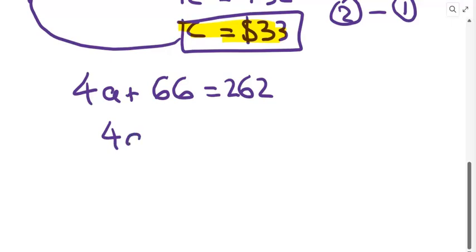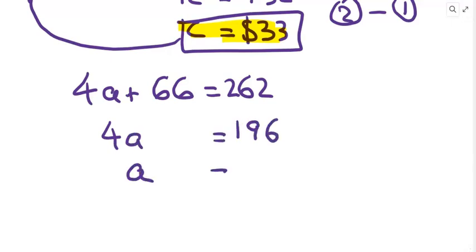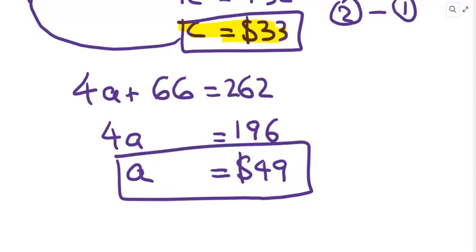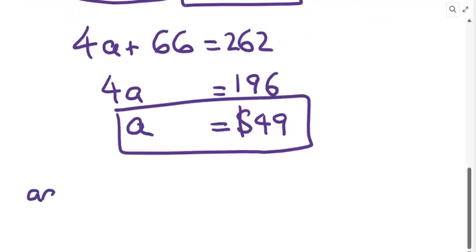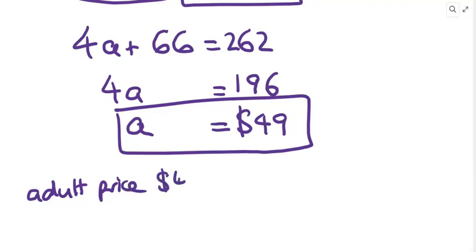That gives me 4a is equal to 196. So dividing by 4, I get 49, and that's $49. So the adult price is $49 for one adult, and the child price for a ticket is $33.